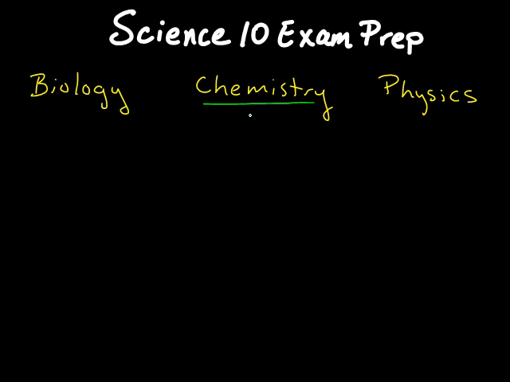Okay, let's take a look now at chemistry. This is part 2 of our Science 10 review and exam prep. Some very basics you should know about the structure of the atom and what makes up the atom as far as its subatomic particles, that just being the protons, neutrons, and electrons.